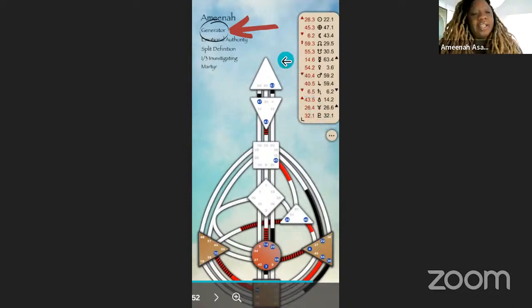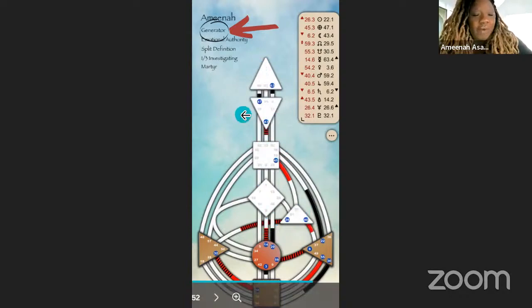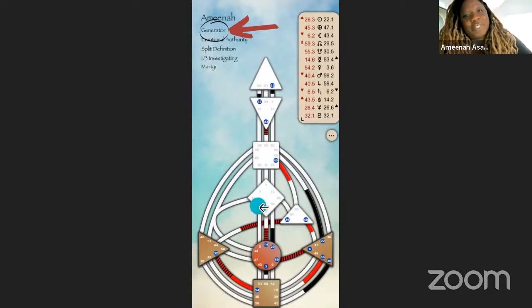So as you can see, there are 9 centers in human design, and I have 5 of the 9 that are undefined or they're white. So the centers are the shapes here on the chart. And I want to draw your attention to one area specifically. This is called the G center. And the G center is part of the chart that is responsible for our experience of love and identity and direction.